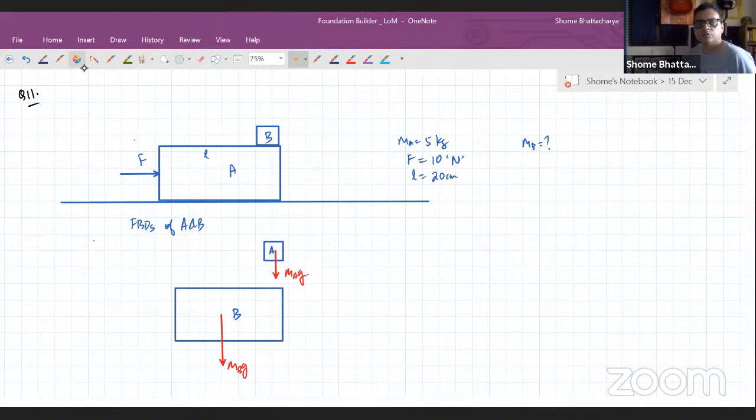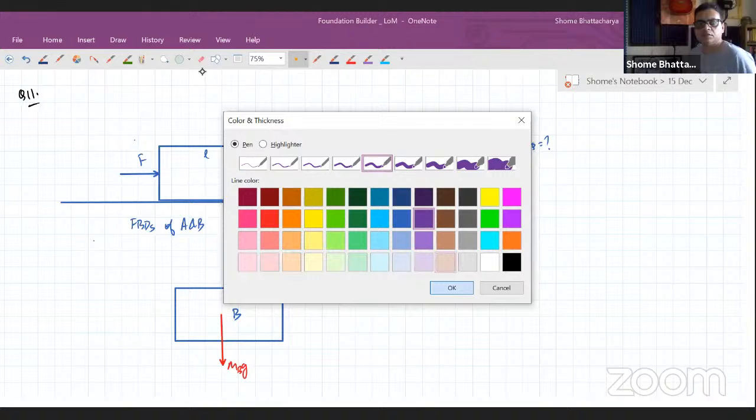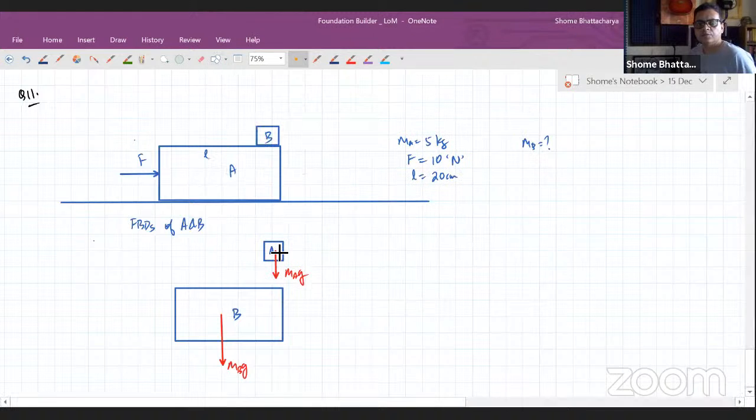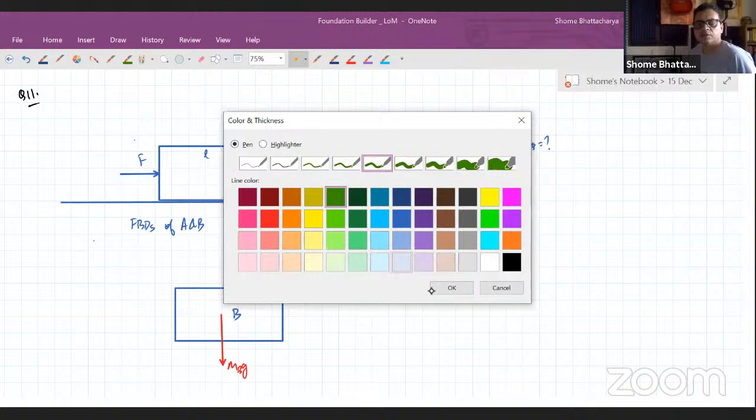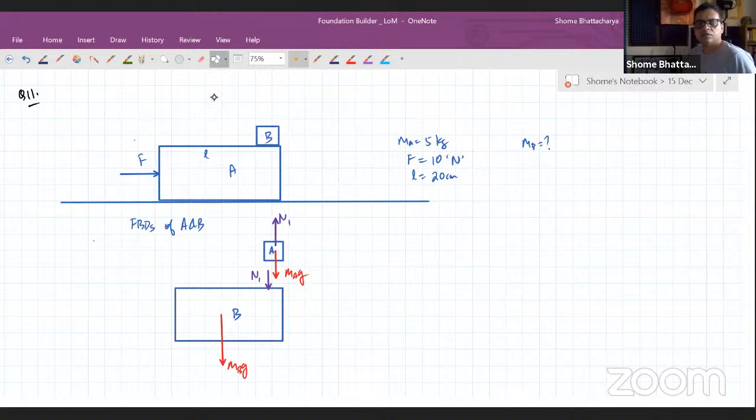Then there is some kind of normal contact force between A and B. So B is applying an upward normal reaction on A, and A is applying an equal and opposite downward normal reaction on B. So let's say this contact force is N1 in magnitude, and the ground is applying some kind of upward normal reaction on B. That is N2, that the ground is applying.